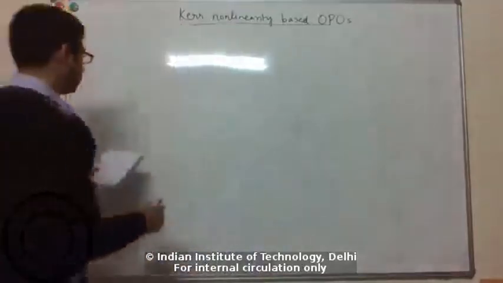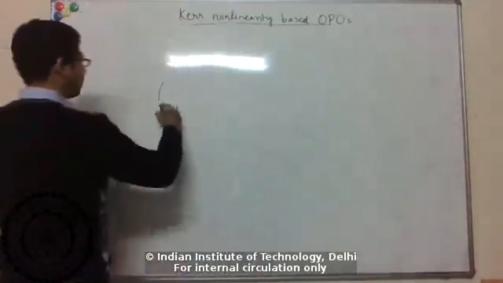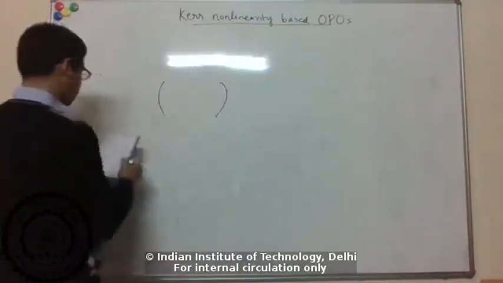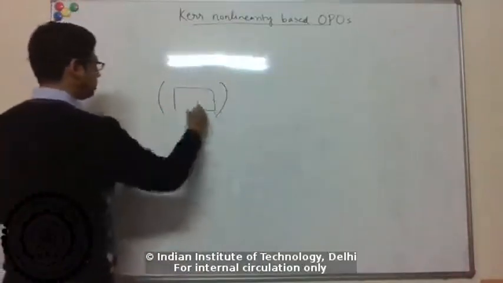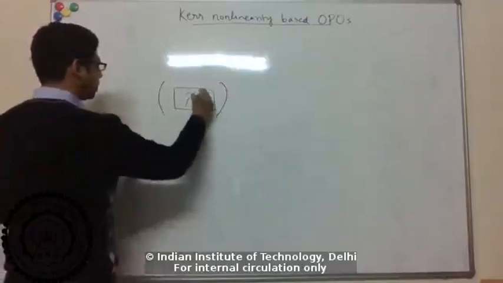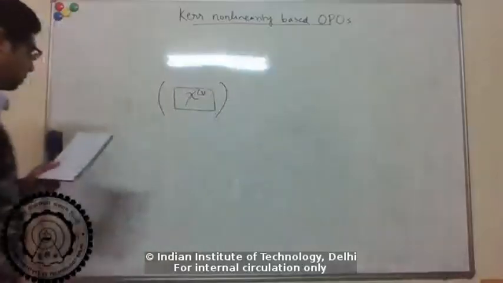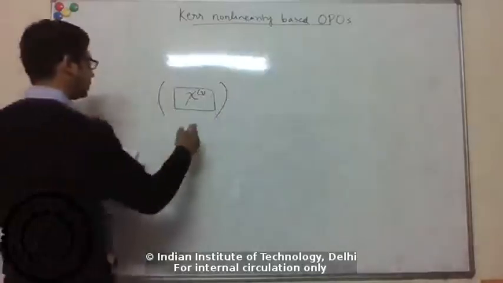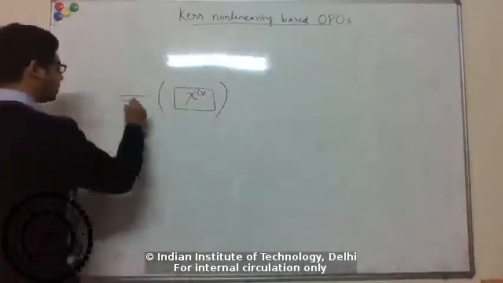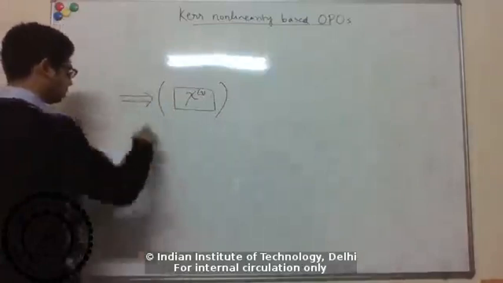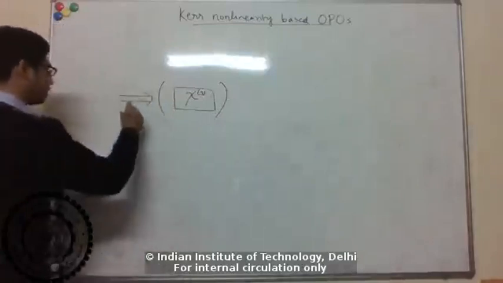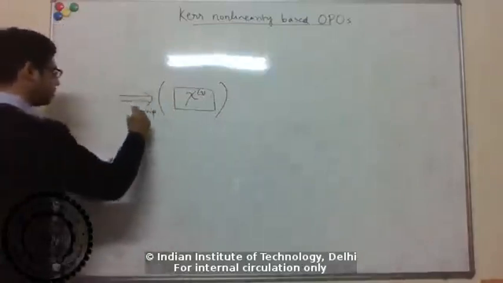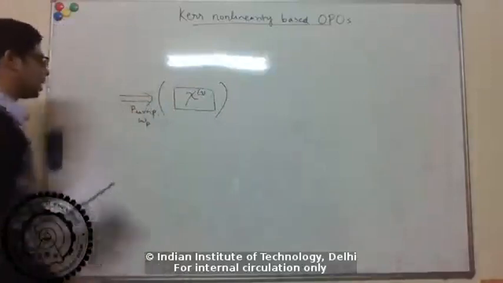So imagine you have an optical cavity, okay, then you have some dielectric medium here, right? And let's say we pump it with a strong laser at some frequency omega p, right?